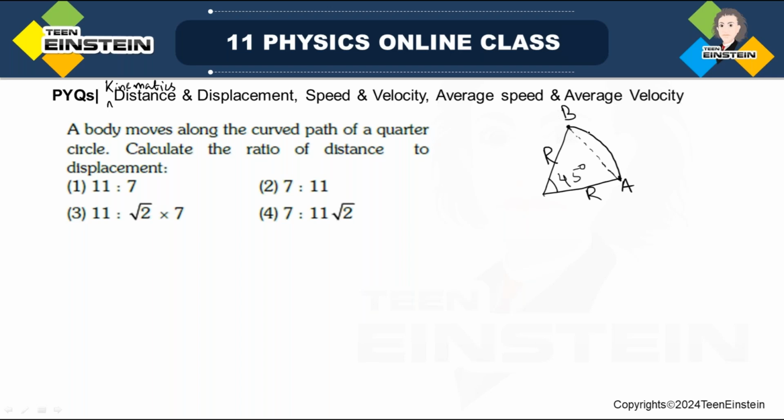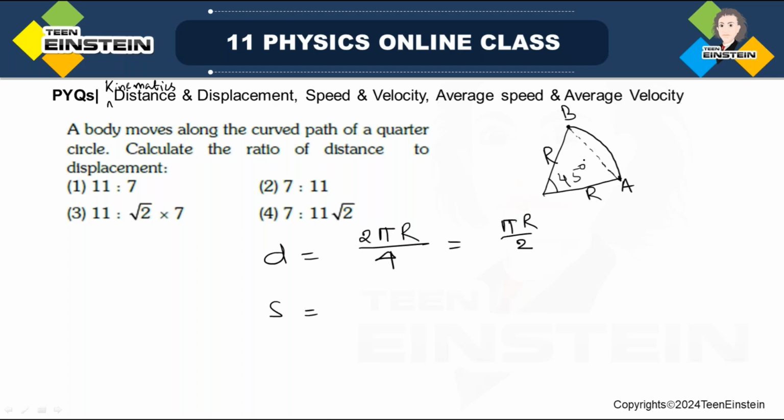And what is the distance covered? That is the curved path. So if I say distance is d and displacement is s, the distance is 1/4 of the perimeter of the circle, so with proper unit, it will be pi r by 2.